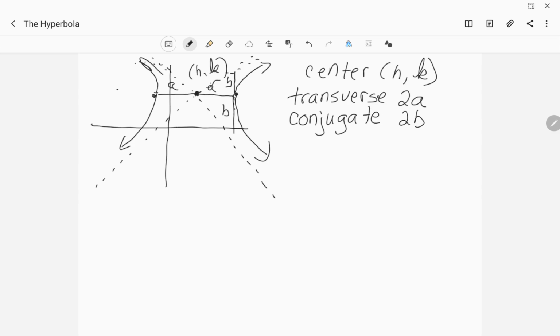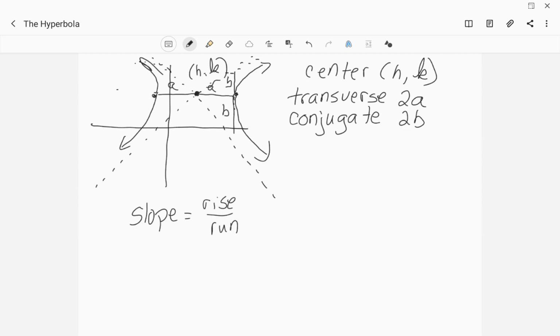Its length is 2b. The other thing we're going to talk about in terms of a hyperbola is what are the slopes of these asymptotes? How steep are they? So in this case, remember that slope is rise over run. How much do I go up and how much do I go across?